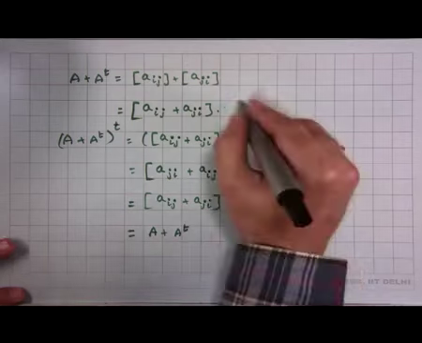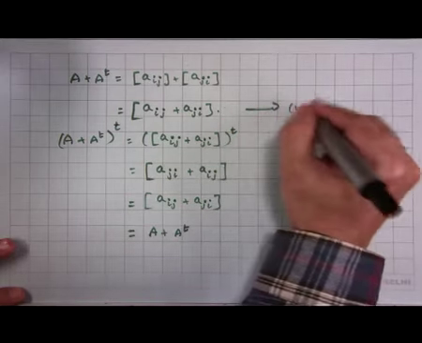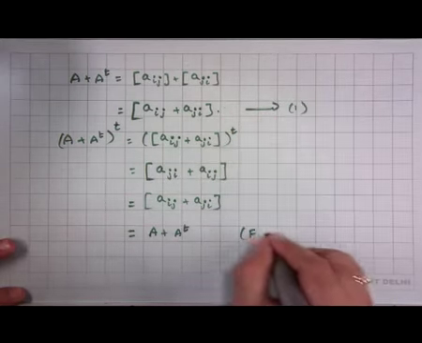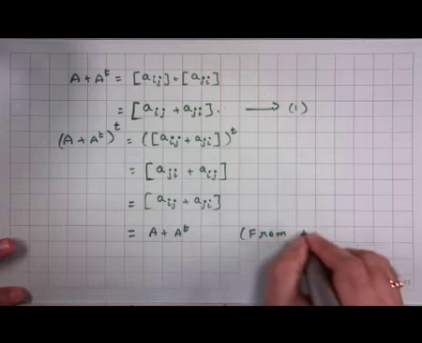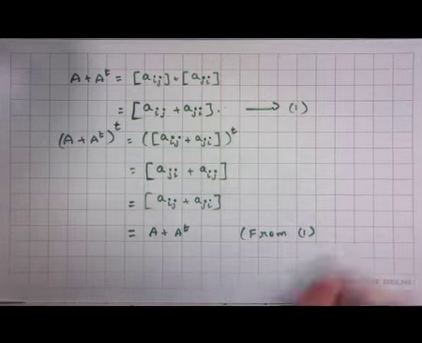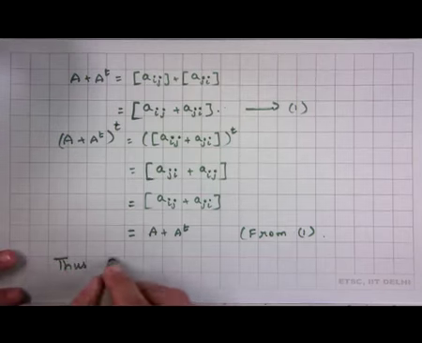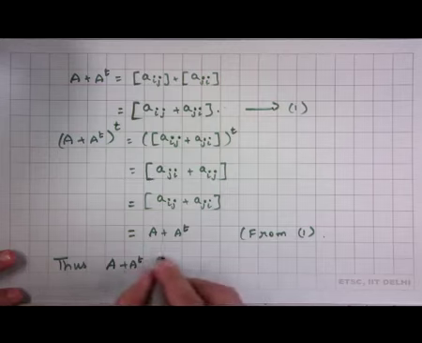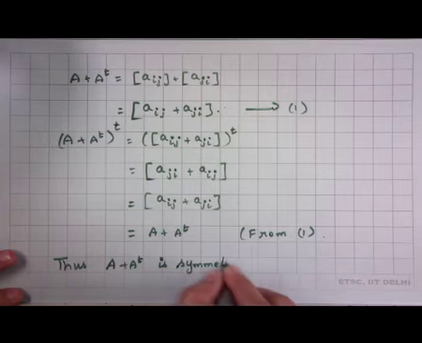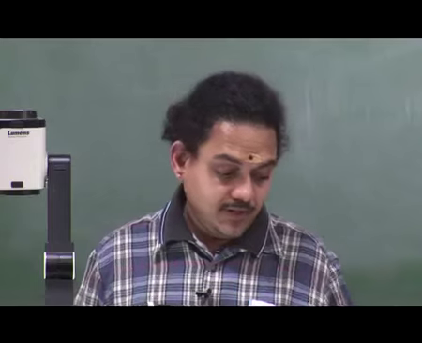So, let me call this 1. Thus, from 1, what do we have? A plus A transpose, this matrix is symmetric. Fine.